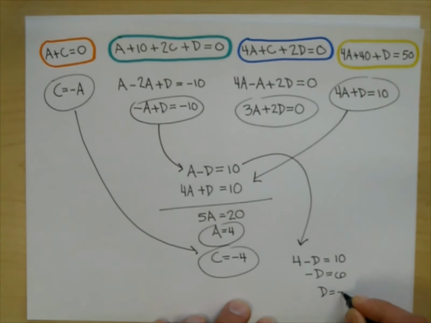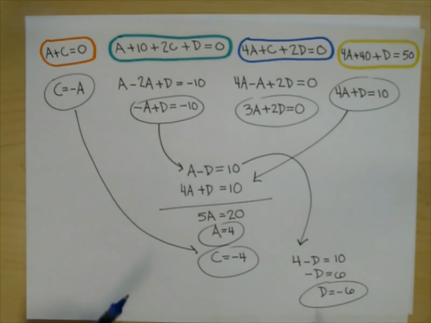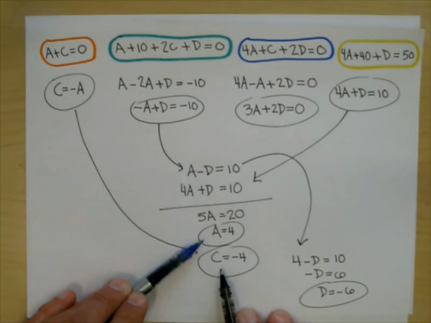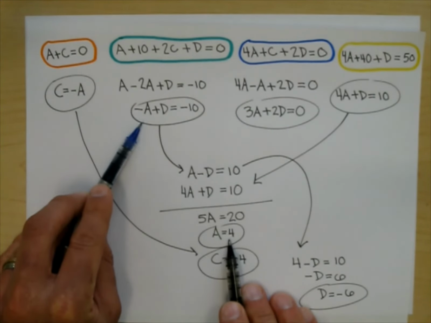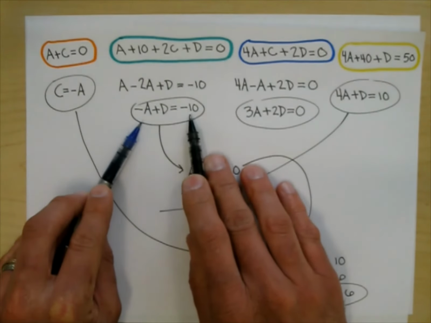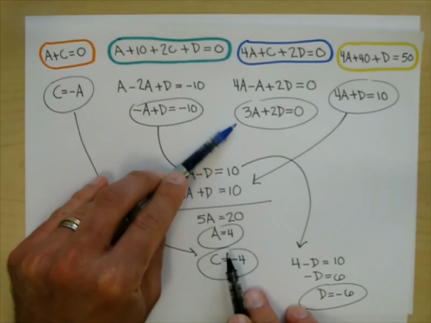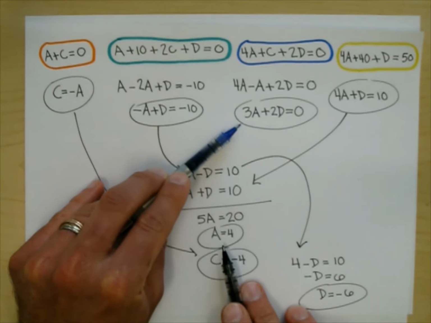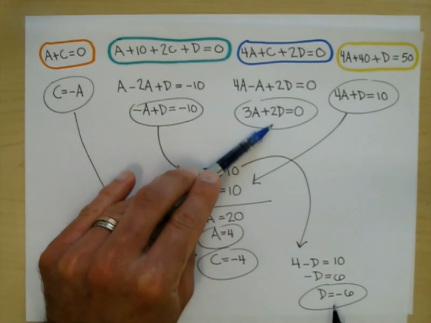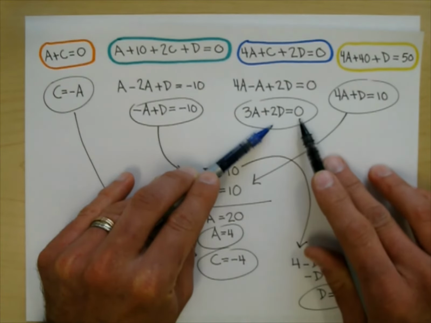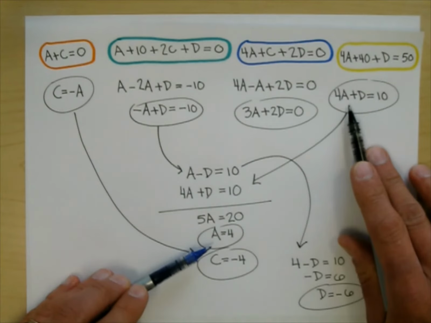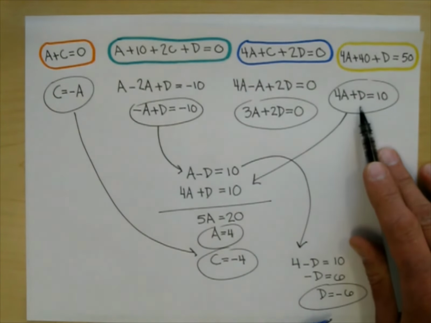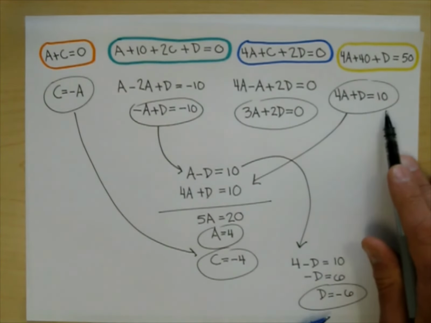D equals -6. I'm just going to do a visual check here. So A and C are opposites. And we have -4 minus 6 is -10, check. And then this one right here, we should check this one. This is 12 minus 12 is 0, okay, check. And then this one right here is 16, and then -6 is 10.